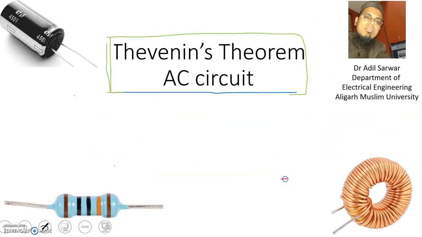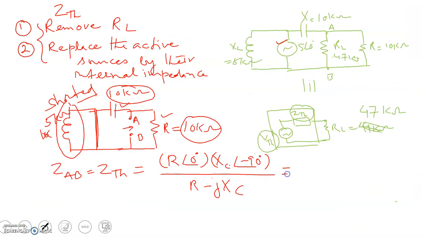So this is equal to, R is given as 10 and angle is 0 degrees. Why am I taking 0 degrees? Because it is a resistive load. So that's why I have to use angle 0 degrees here.